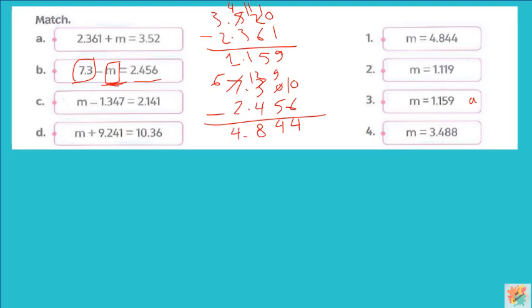So the answer will be 4.84. So here it's letter B.